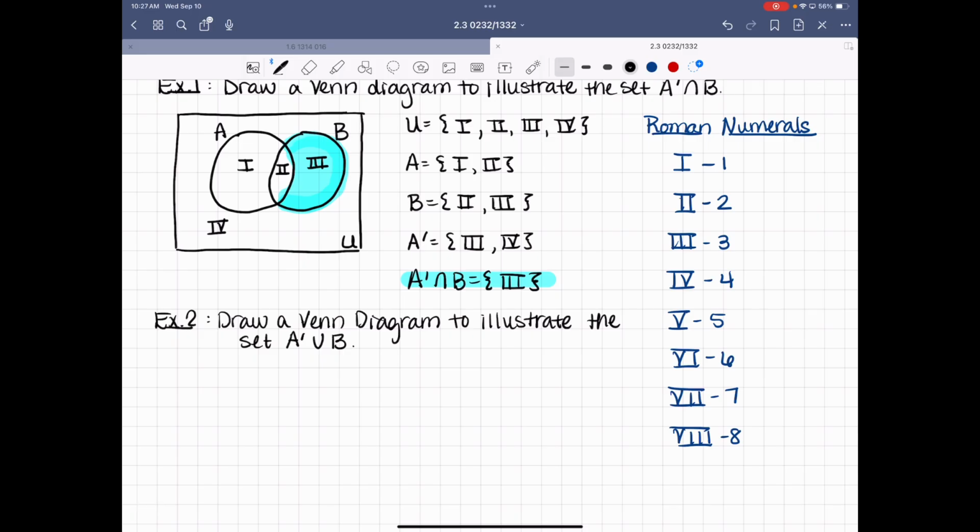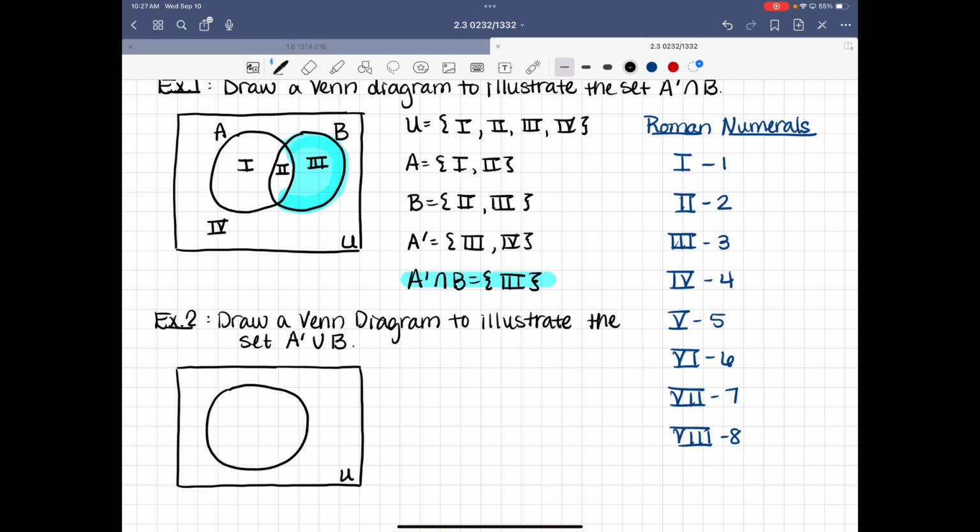So we're going to draw our Venn diagram again because it says draw a Venn diagram. So y'all can't just look back. We're using A and B. So I draw my universal set, that rectangle there that contains everybody. Then I have A and B, and you'll notice my circles don't look great all the time. Okay?